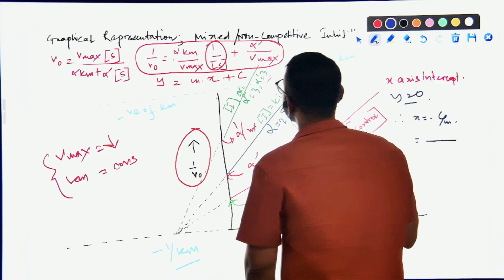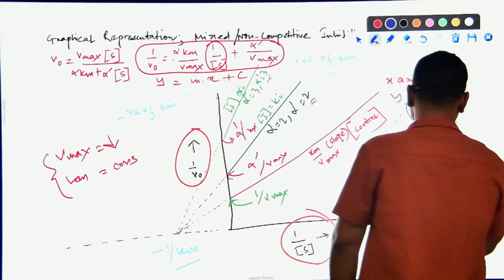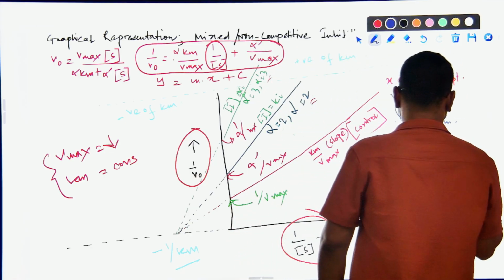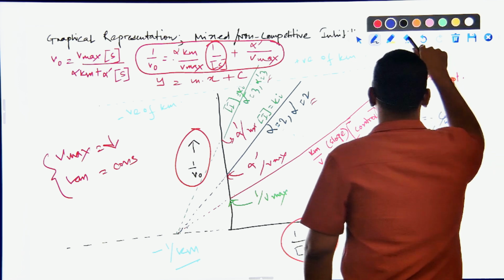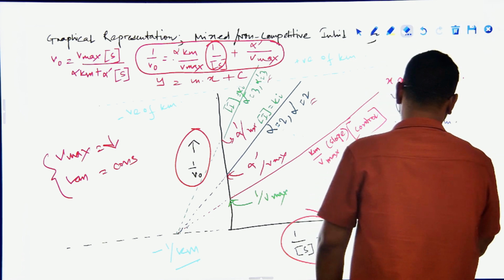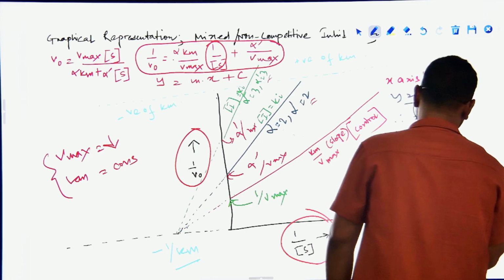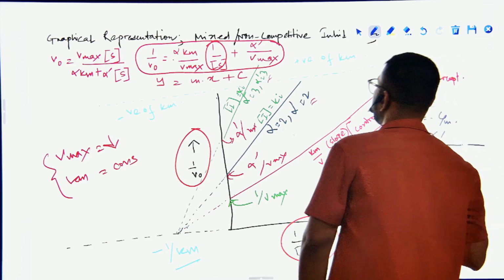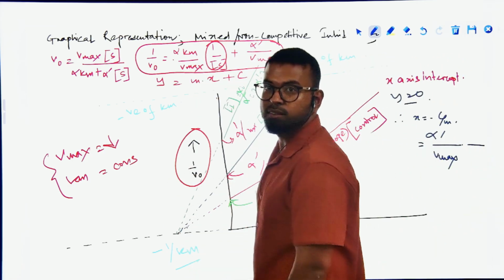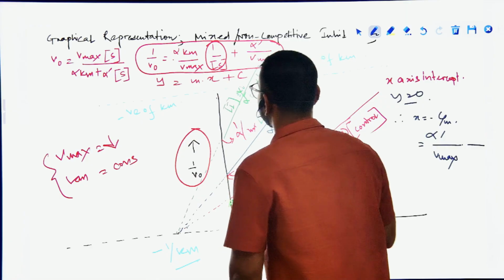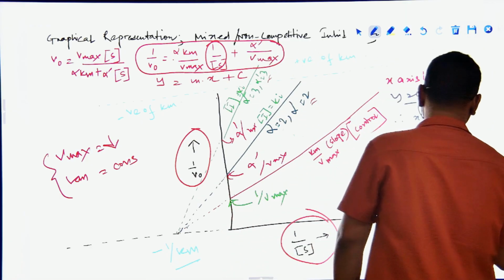Here c is alpha dash by Vmax, and our m is alpha into Km by Vmax.